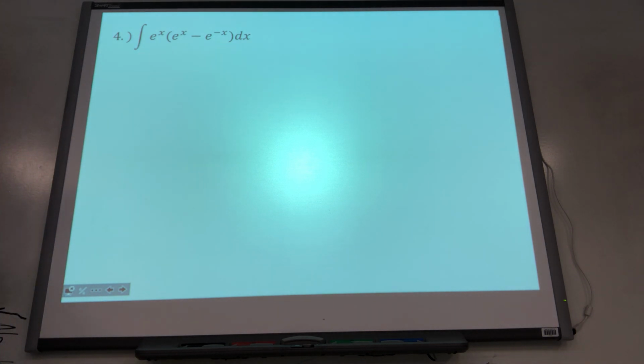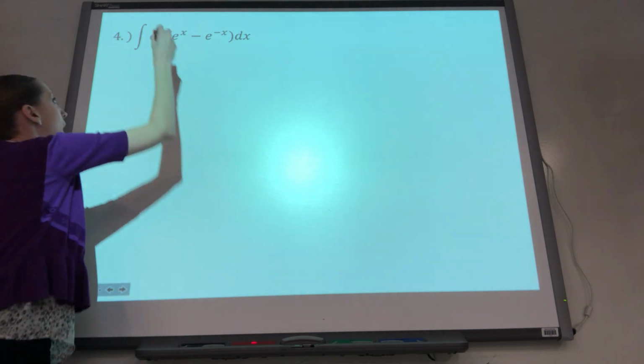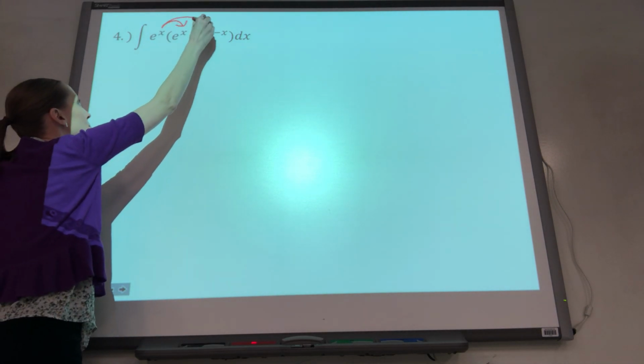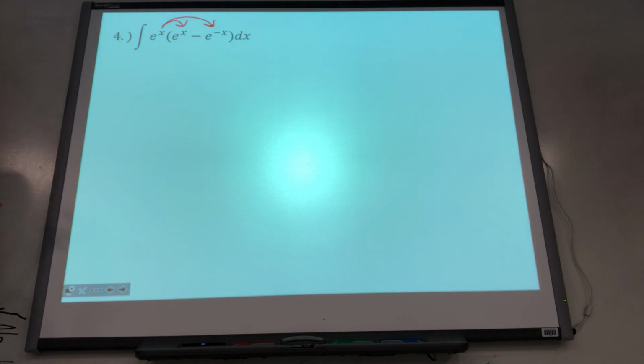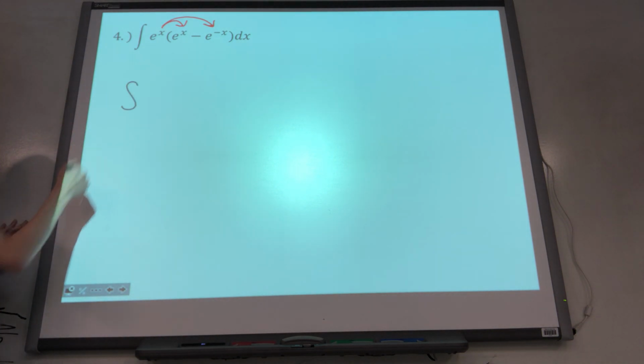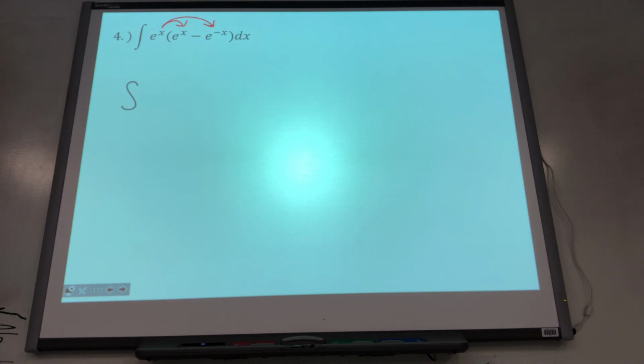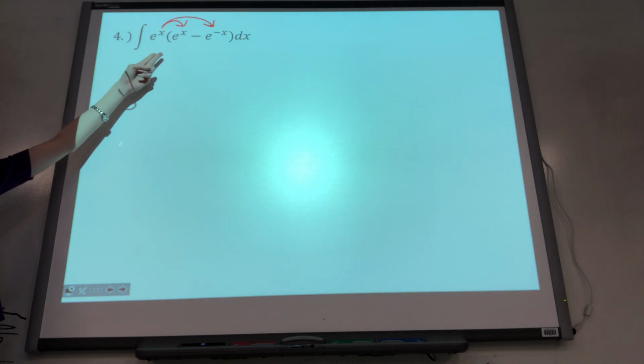You only have 1. And so I would probably try to simplify this a little bit first, and it's possible that we could avoid u substitution if we can get this simplified.